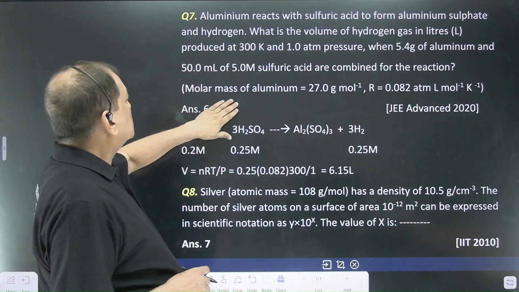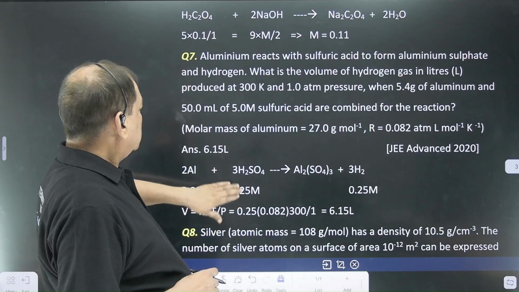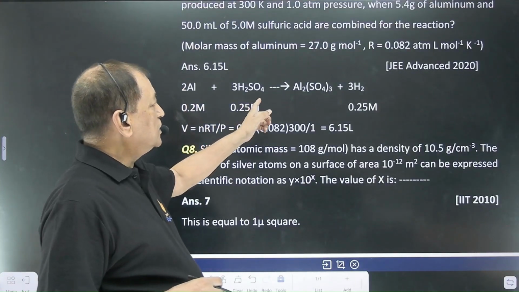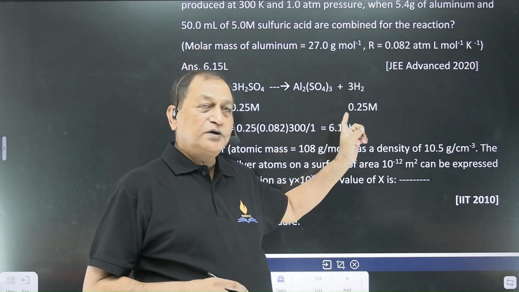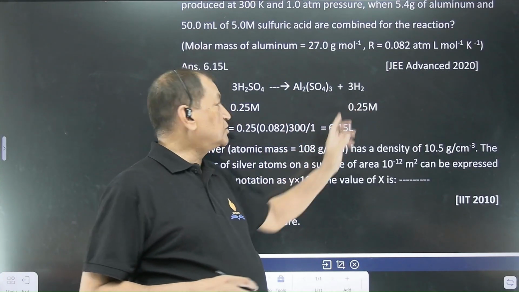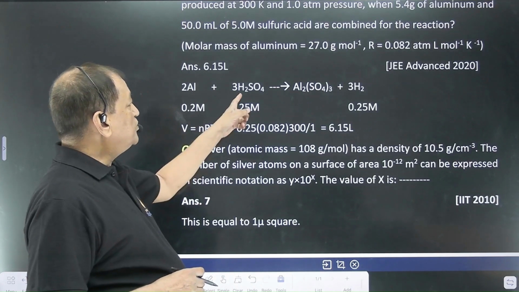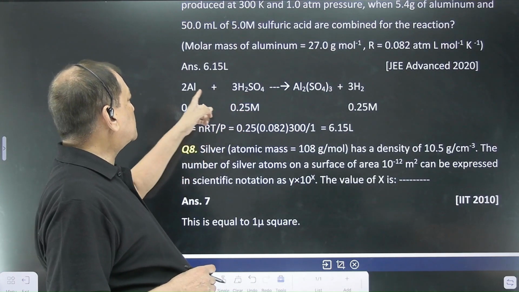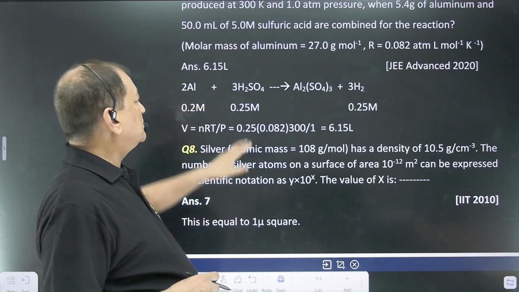So here the reaction: aluminium with H2SO4 gives aluminium sulfate plus hydrogen. So 3 moles of H2SO4 react with 2 moles of aluminium.